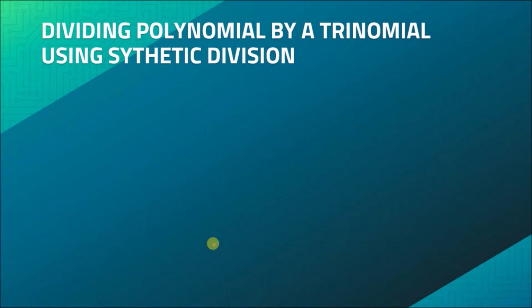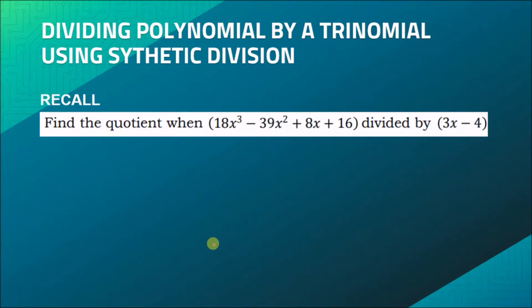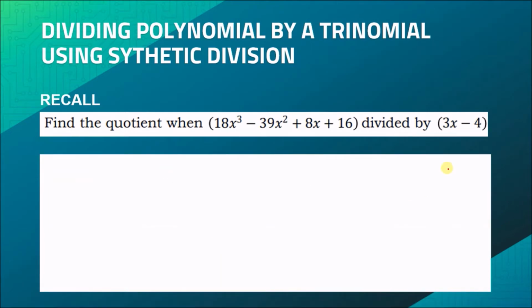May mga example din tayong na-encounter during our previous video tutorial. Kapag ang ating divisor is merong coefficient greater than 1 na nandito, magkakaroon tayo ng setup na magdi-divide muna tayo ng 3 hanggang sa ma-convert natin yan into x minus 4/3.